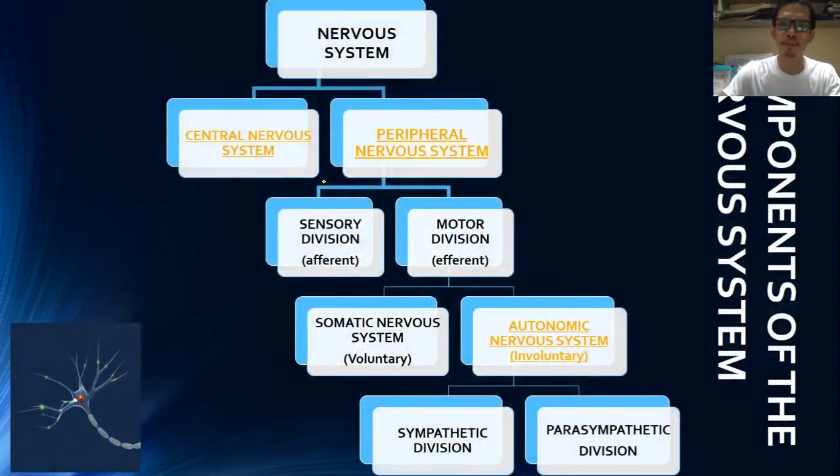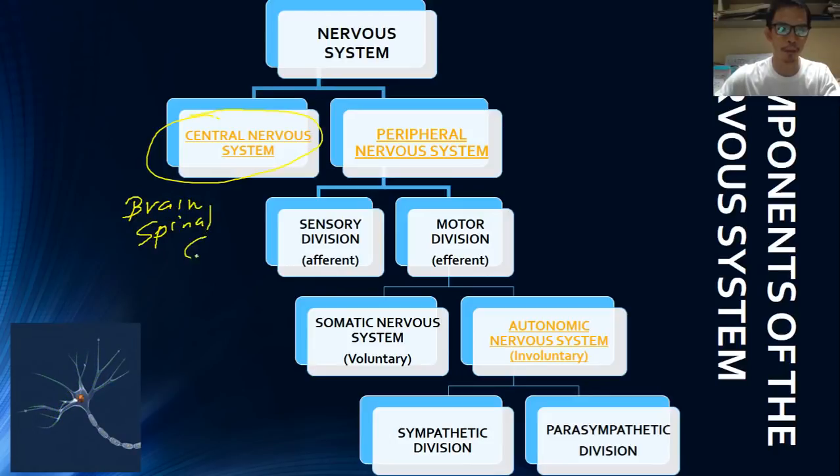Okay, so in this particular diagram that we have right here, we already discussed the central nervous system, and we agreed that it is composed of the brain and the spinal cord. So today we will have the peripheral nervous system, the one that is facing the environment in order to get some stimuli and be able to be integrated by the central nervous system.